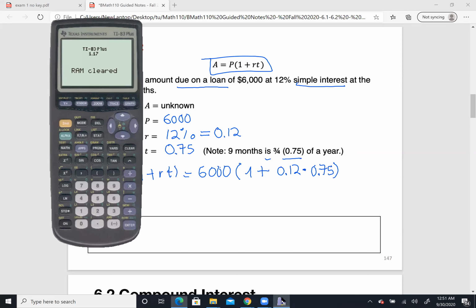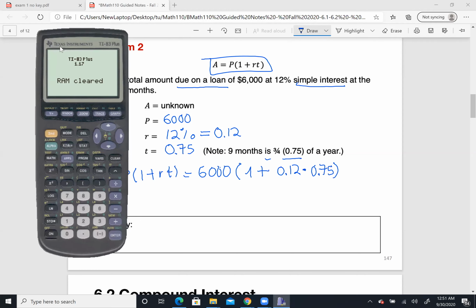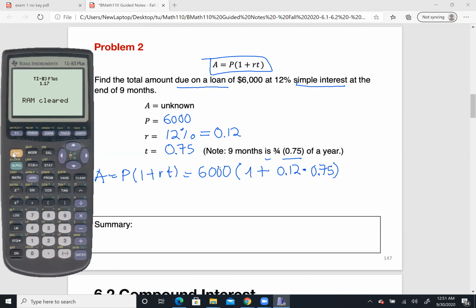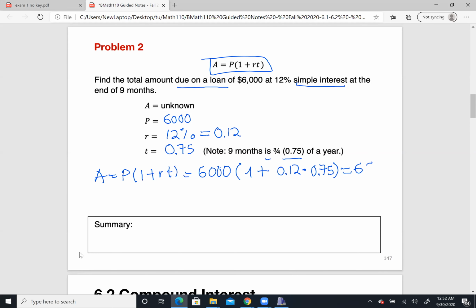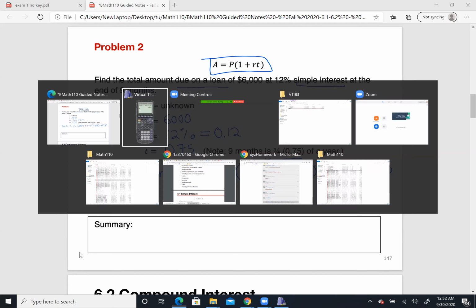Let me use my calculator here. I put 6,000 multiplied by parentheses 1 plus 0.12 multiplied by 0.75, then close parentheses, and enter. That should be 6,540. Is that correct? Yeah.